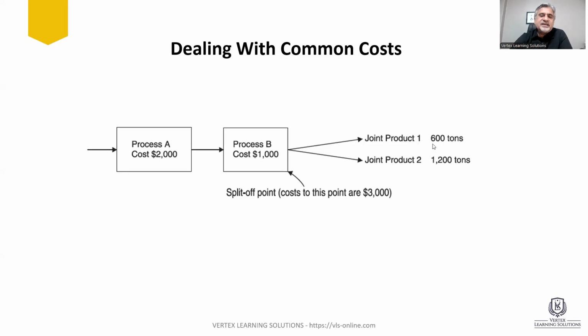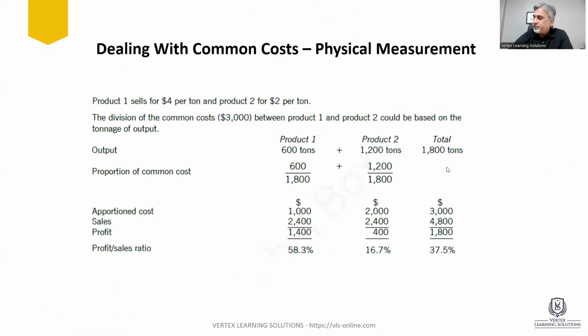You've got 600 tons of product A and 1,200 tons of product B. So 2 products are here, 1 and 2, with 600 and 1,200. You do it based on the proportion of volume. Product A is 600, B is 1,200, total is 1,800. So the proportion becomes 600 out of the total 1,800 here, and 1,200 out of the total 1,800 here.